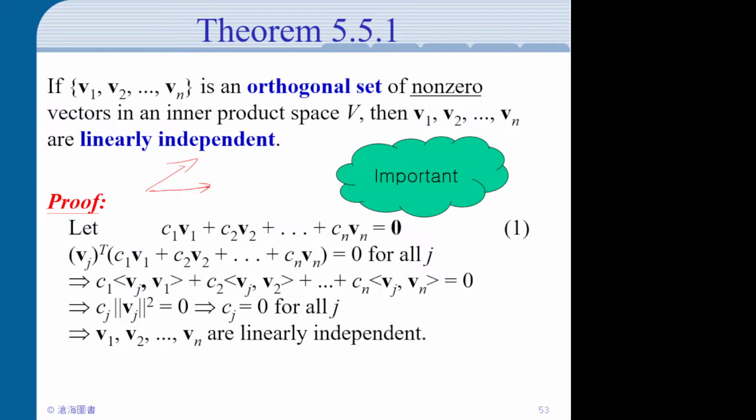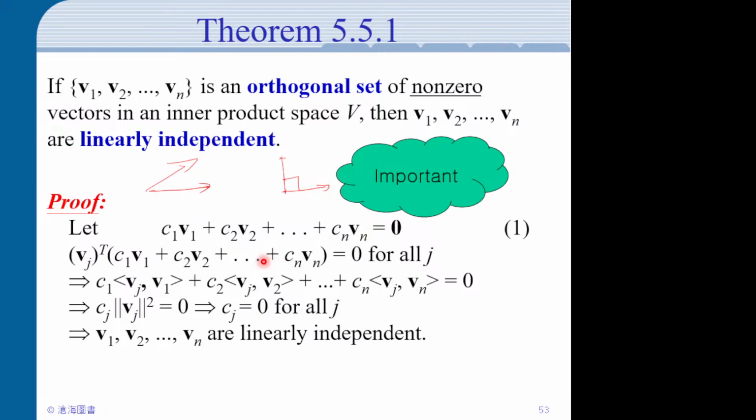If we think about 2 vectors in R2 and they are linearly independent, that just means they are not on the same line, so they have a non-trivial angle. But orthogonal means not only that they have an angle, but that the angle is 90 degrees. So orthogonal is a stronger property than linear independence.